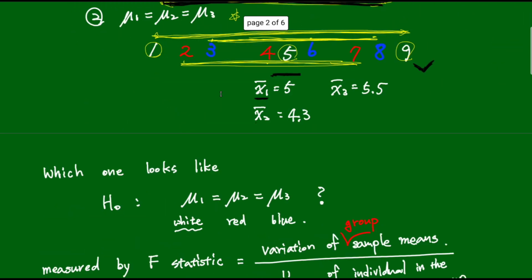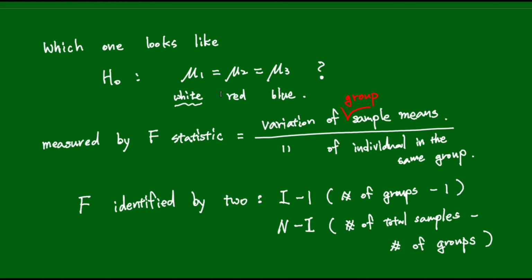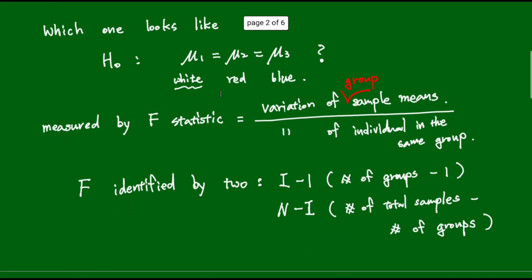And I'd say the F statistic uses this form: the variance of the group sample mean is the numerator, and the variance of the individuals in the same group is the denominator. The F is identified by 2 factors. One is the number of groups we have.